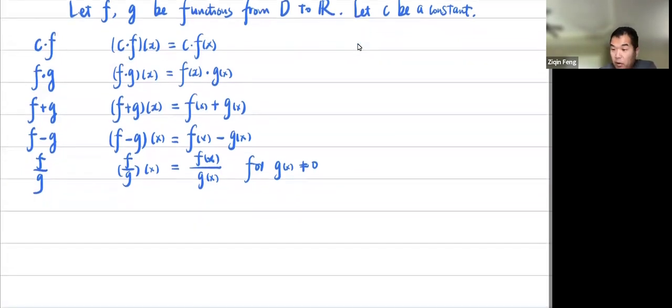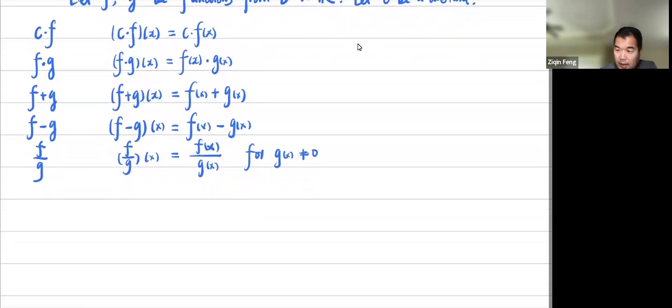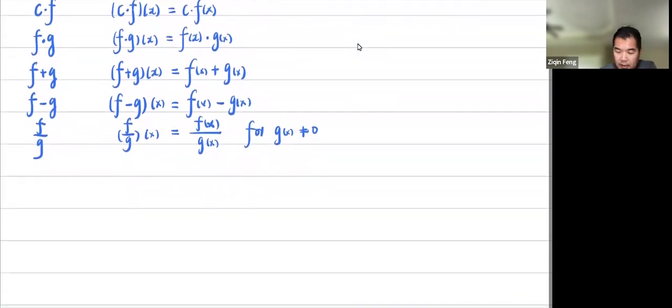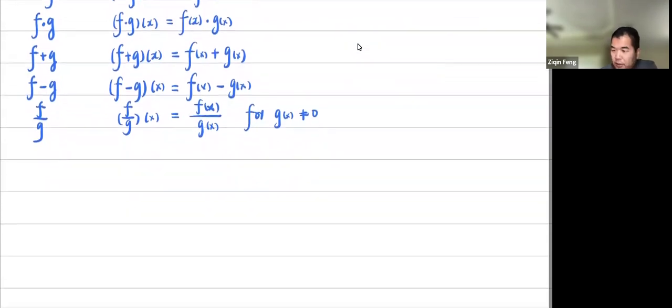And there's one more way here. Let's see the other way. Let f and g be two functions again. Here we don't want to put a restriction on the domain.